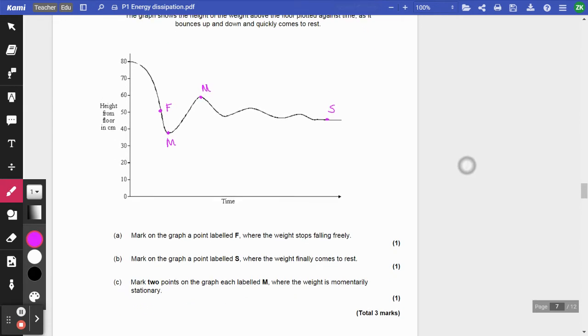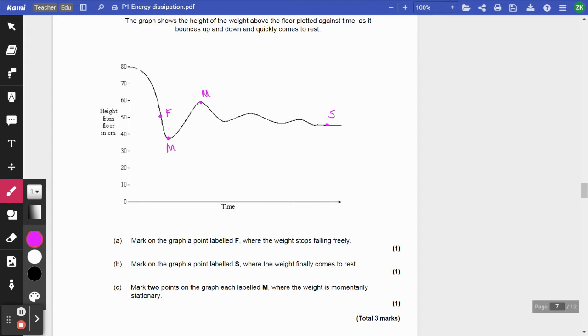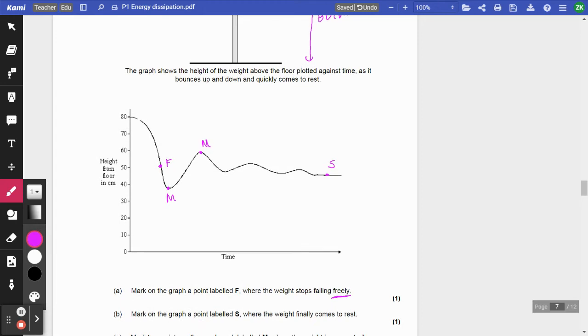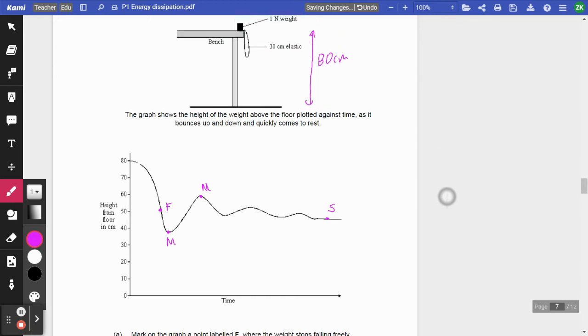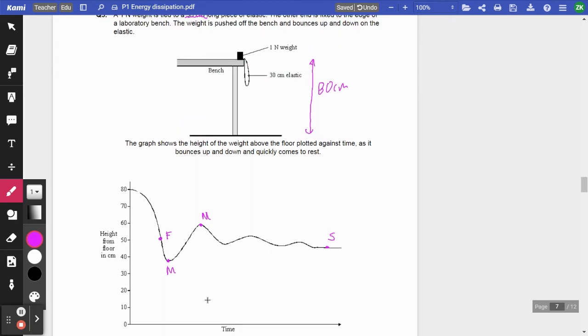The first question is: mark on the graph a point labeled F where the weight stops falling freely. What does the word freely mean? It means the point where the elastic band starts to stretch. That's when the elastic band will start to slow the object down.